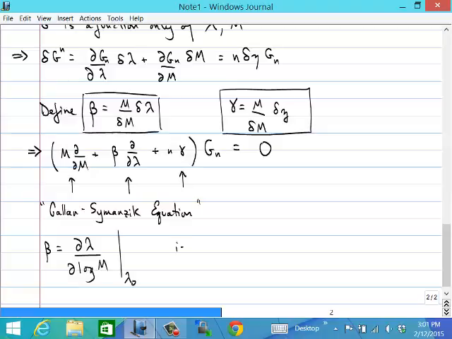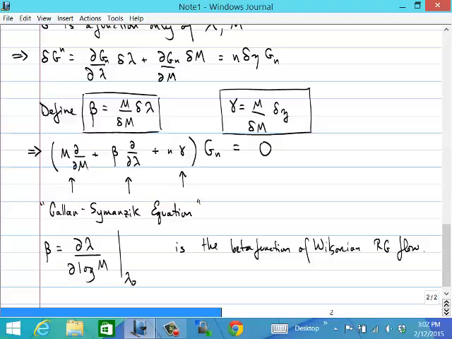And this is, as you can tell by the fact that I've called it beta, the same as the beta function of Wilsonian RG flow. Remember, in Wilsonian RG flow, we actually had the identical formula. It was interpreted a little differently.